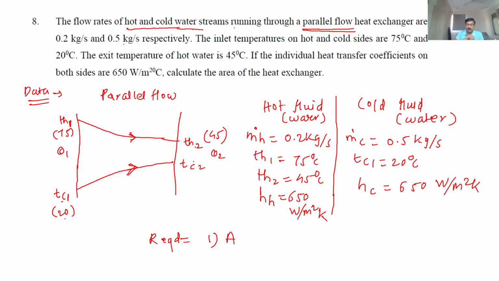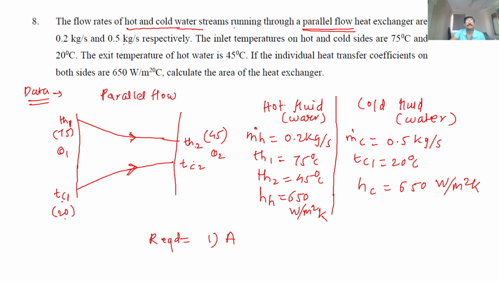But remember one thing, if 2 temperatures are unknown out of 4, you don't have a choice. You have to go only for the effectiveness NTU approach or method. You can't use the LMTD method. This is very, very important.